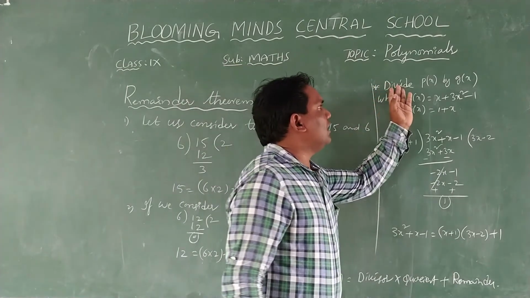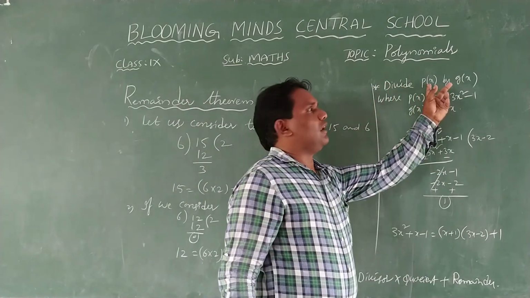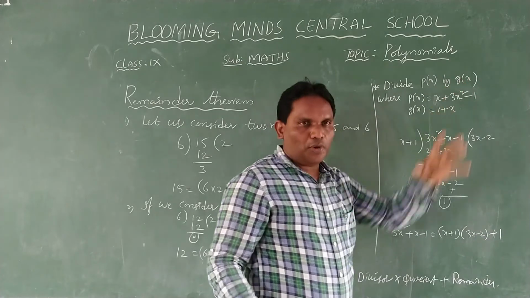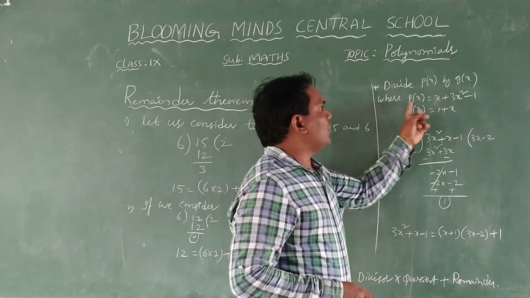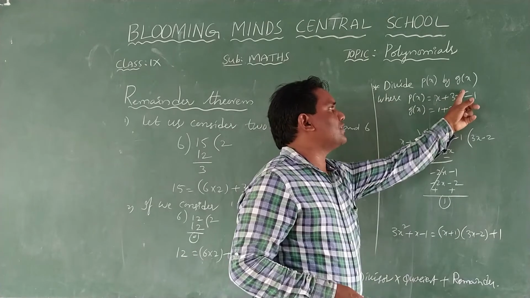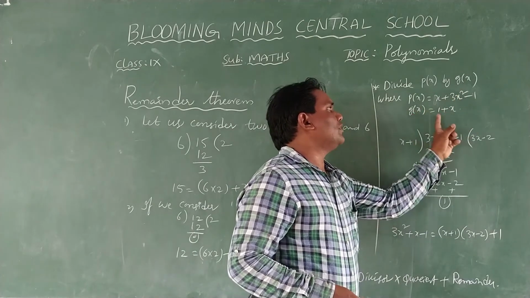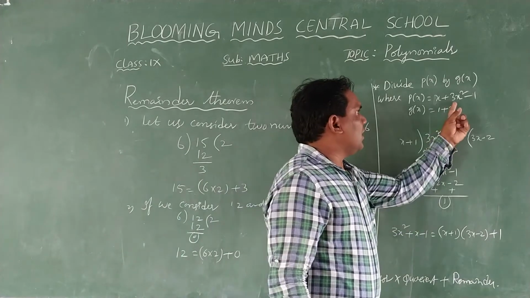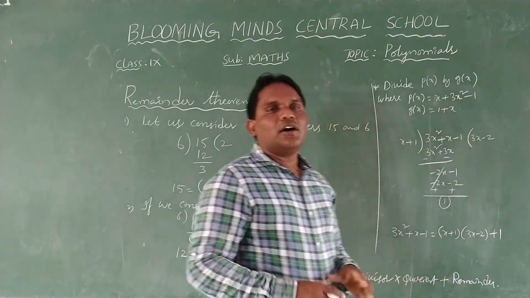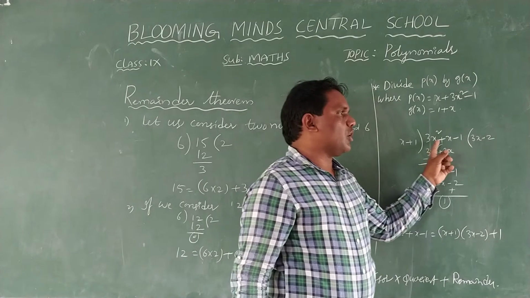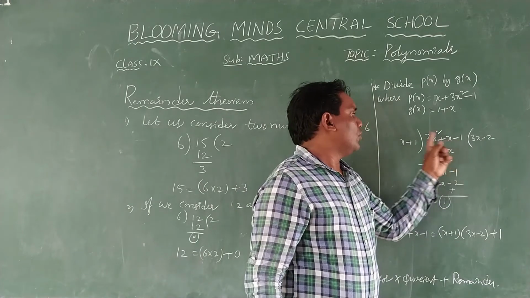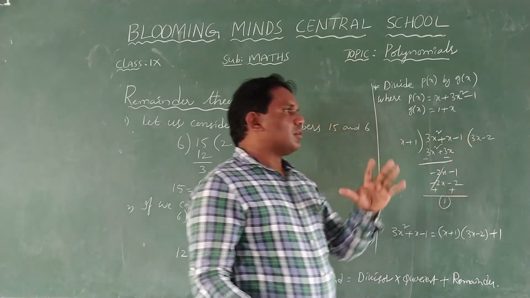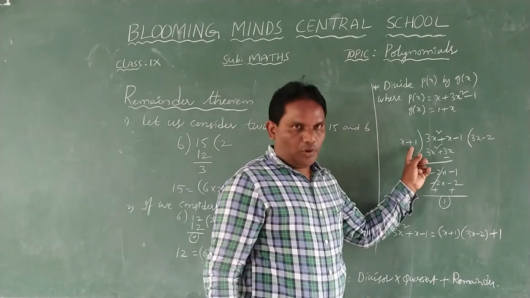In the same way, in the polynomials we can do like this. If we are dividing P of x polynomial by G of x polynomial, where P of x is equal to x plus 3x square minus 1, G of x is equal to 1 plus x. Here we have to write this in order of degree, that means 3x square plus x minus 1, and 1 plus x is written in the form of x plus 1.